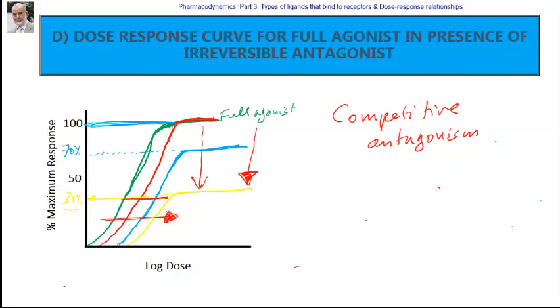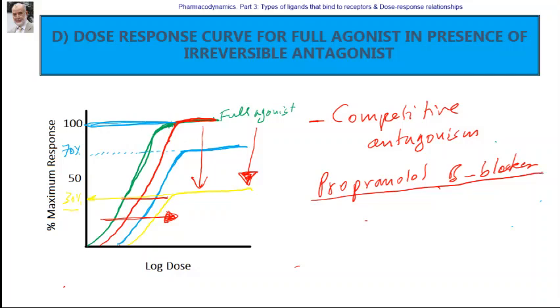Suppose, for example, let us take propranolol. Propranolol is a beta receptor blocker. It is a competitive antagonist at beta receptors.